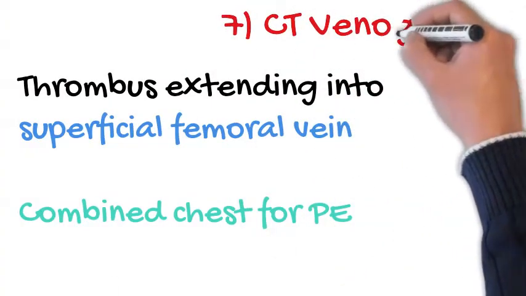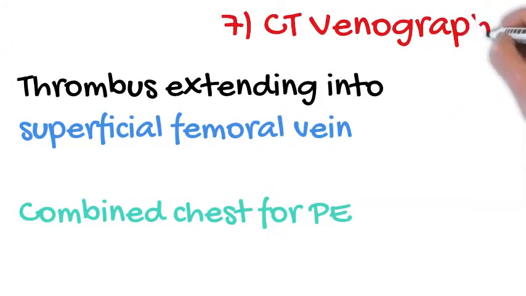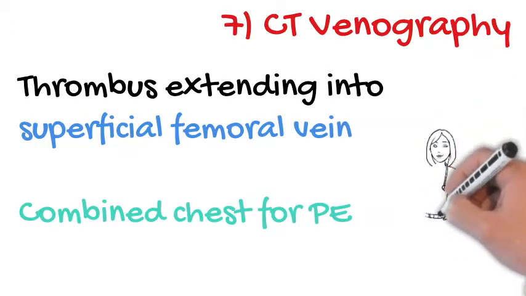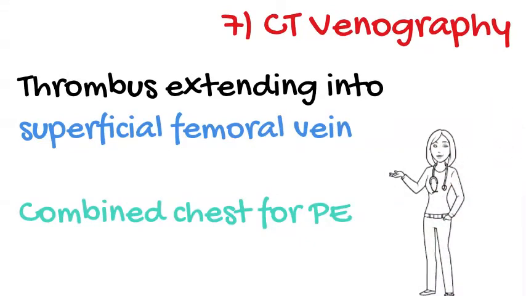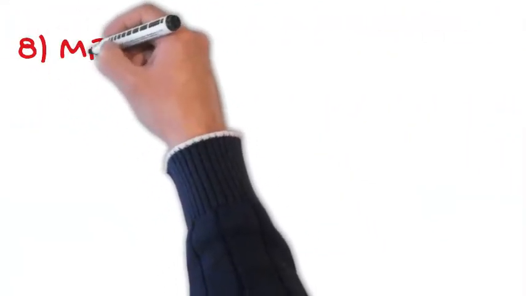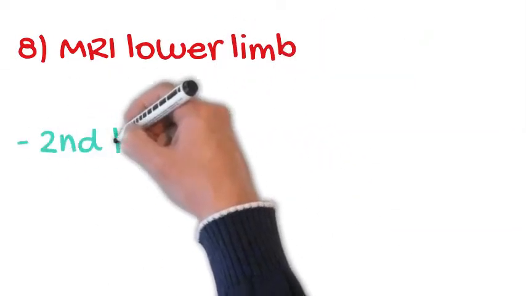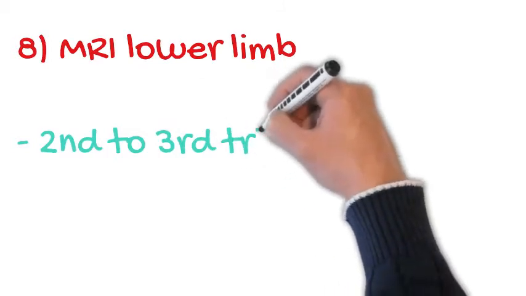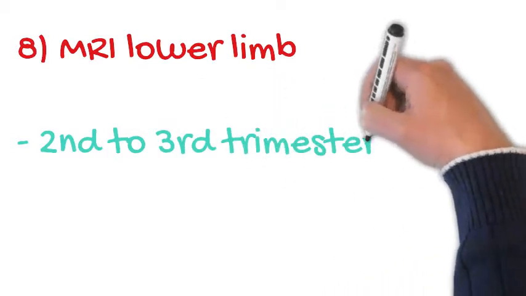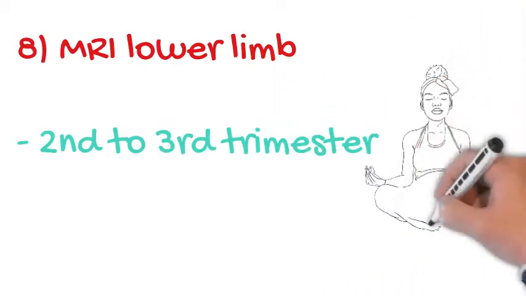It is considered when thrombus extends into the superficial femoral vein at the inguinal ligament, whereby the primary diagnosis is iliofemoral deep vein thrombosis. We can combine with chest for suspected pulmonary embolism, PE. 8. MRI of lower limb. We can suggest it in the second and third trimester of pregnancy to confirm presence of deep vein thrombosis.